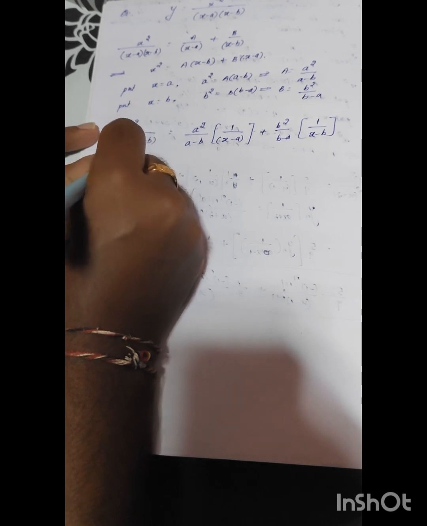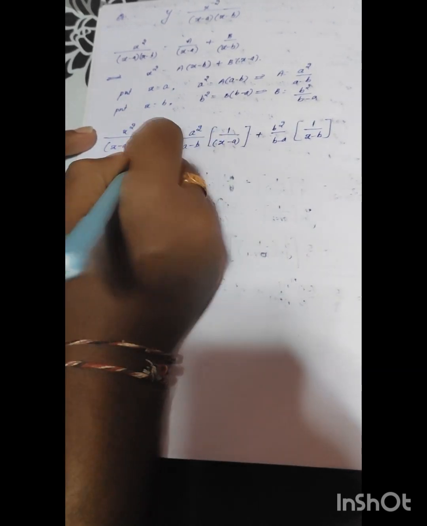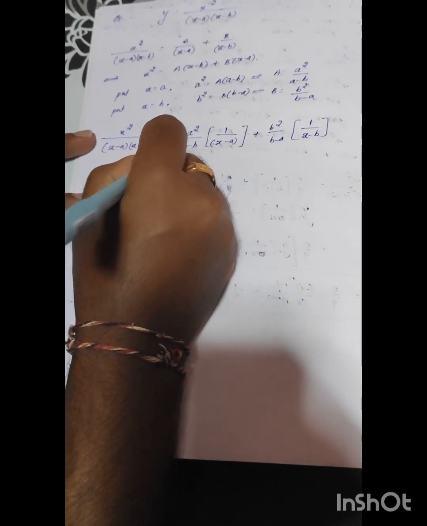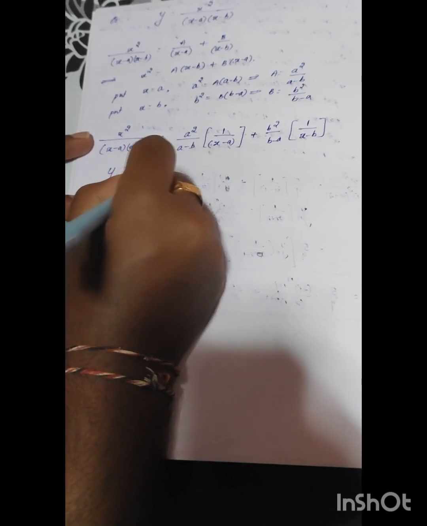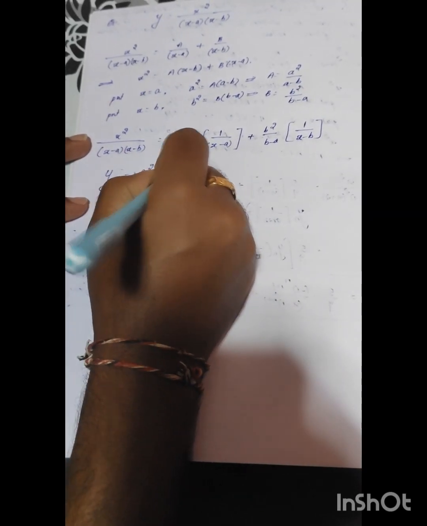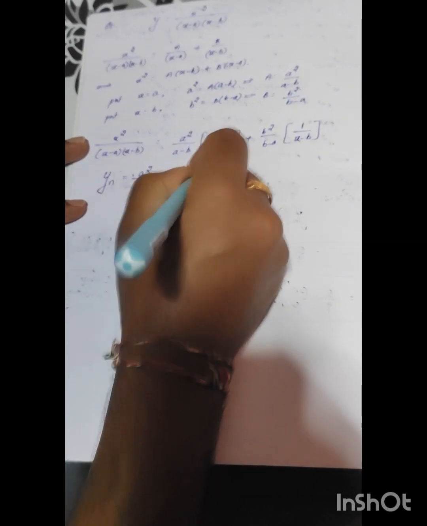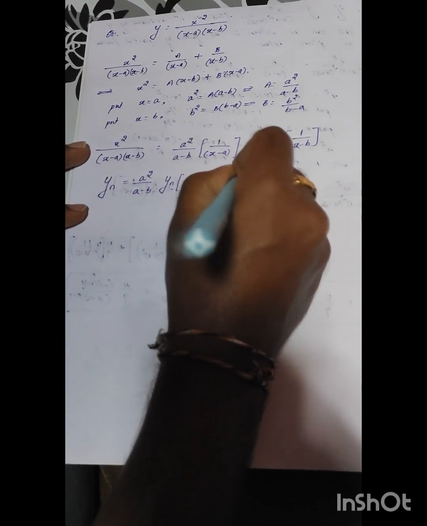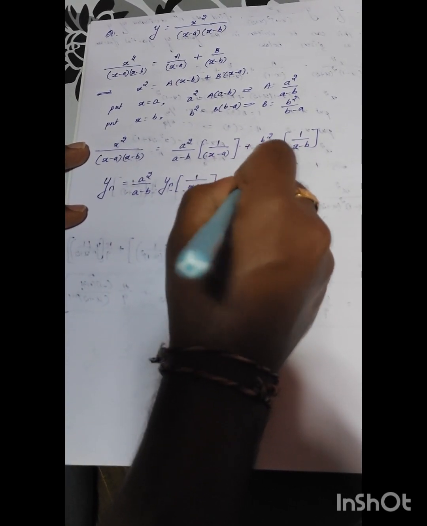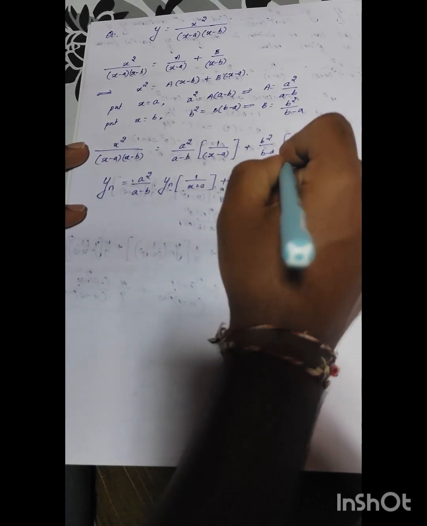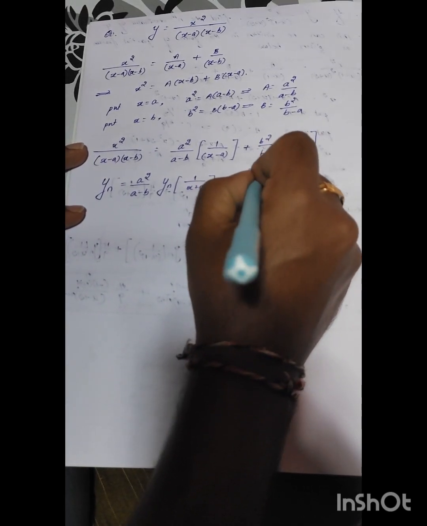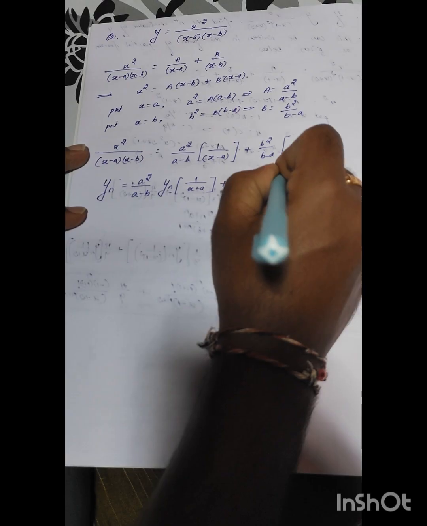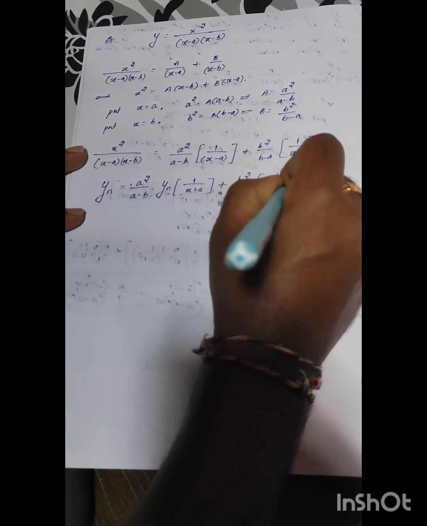Now let's take the nth derivative of this function. So the nth derivative of this function, yn, will be equal to this. Let's put the constants outside: a square divided by a minus b into yn of 1 divided by x minus a, plus b square divided by b minus a into yn of 1 divided by x minus b.